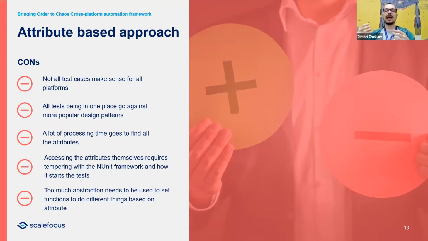It is possible, and then we would need to use additional handlers and hooks to actually create different functionalities based on which attribute is on the test. So all the methods that would be in a test would have a lot of abstraction in the background under the hood for all the different attributes, and that's so much complexity on top of an already pretty big and complex framework.